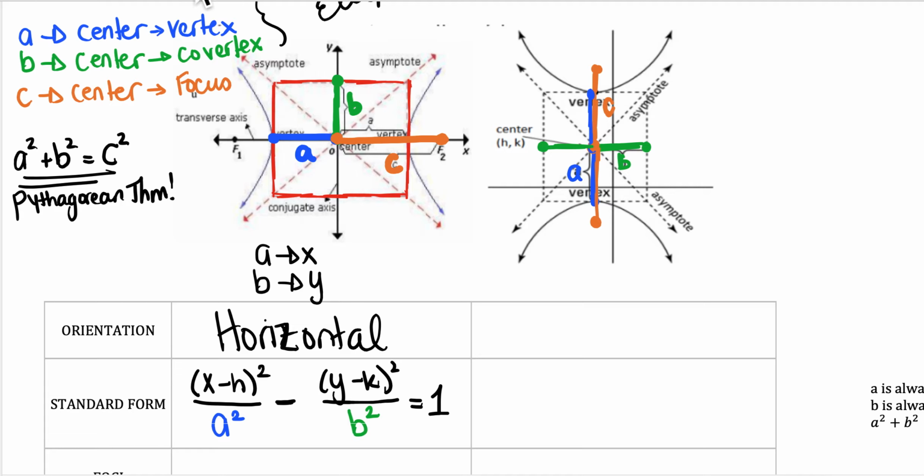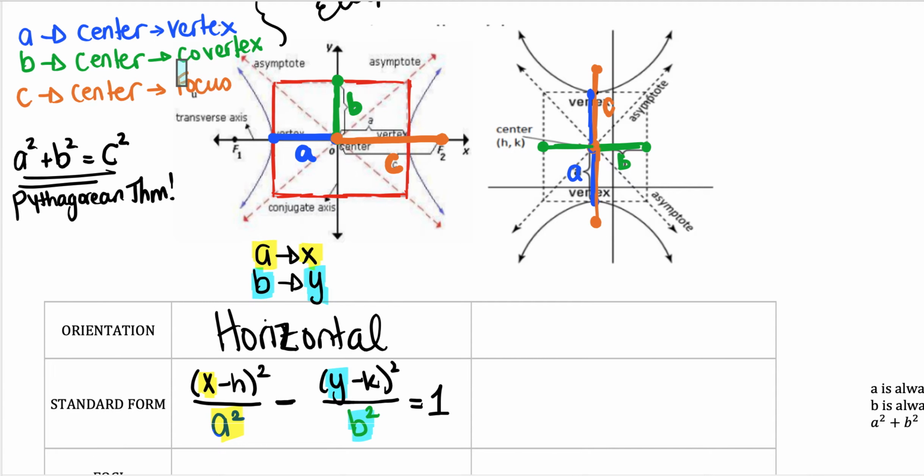Again, it's really important to note that x is with a, and y is with b. Because b is vertical, b is underneath y.